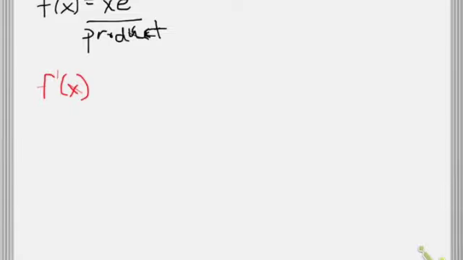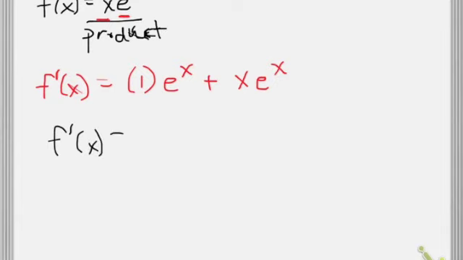Product rule says take the derivative of the first function, so the derivative of x is 1, times e to the x, plus the first function times the derivative of the second function. Then the derivative of e to the x is just e to the x. All right, so we can clean this up, and we get e to the x plus x e to the x. And that's our final answer.